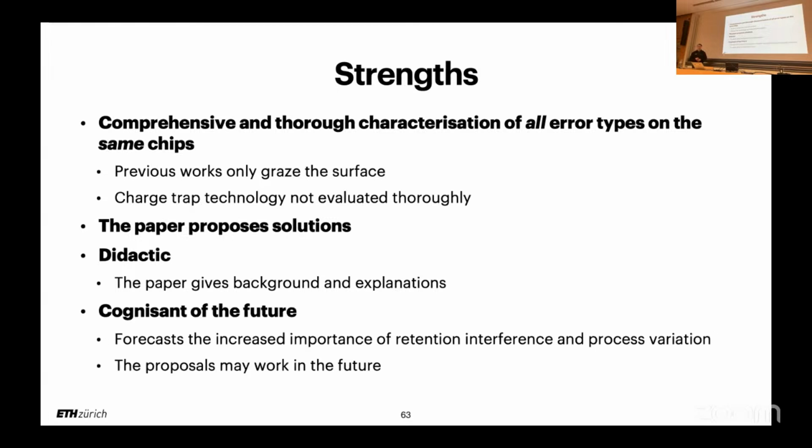So the paper is also cognizant of the future. It forecasts the importance of the techniques and the errors that they characterize, because as 3D NAND scales down, there will be more layers. We talked about MLC technology, where we store 2 bits in a cell, but there's also TLC, triple level cell technology. There's also QLC, where we store 4 bits in a cell.